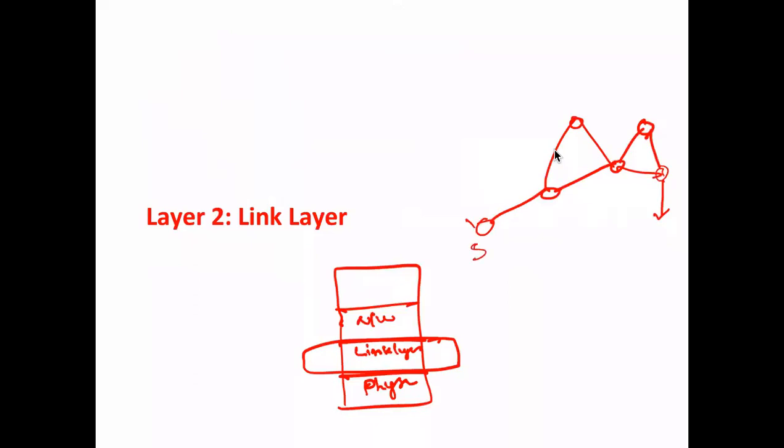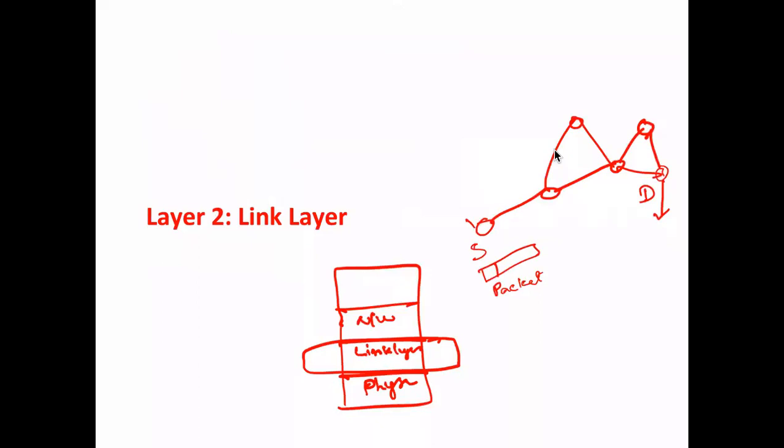This source and the destination, and you are sending a frame or packet. There's a difference between frame and packet: when we are at layer 2, we talk of frames. When we go to the IP layer and higher, we say packets. But we will use these terms interchangeably. So where is the link here?